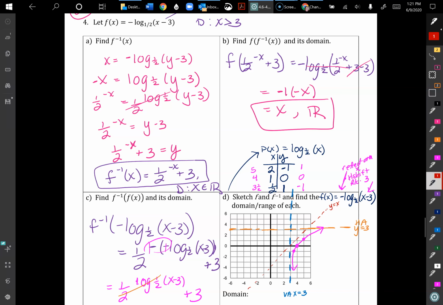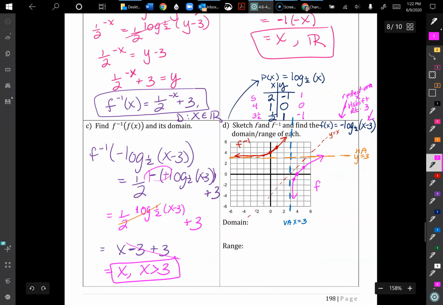I'm going to have, instead of 5, 1, I'm going to have 1, 5. So that's right here. And instead of 4, 0, I'm going to have 0, 4. And instead of 3.5, negative 1, I'm going to have negative 1, 3.5. And then I approach that asymptote. So that is my f inverse, and the other one is my f function. So that's it for the graphing.